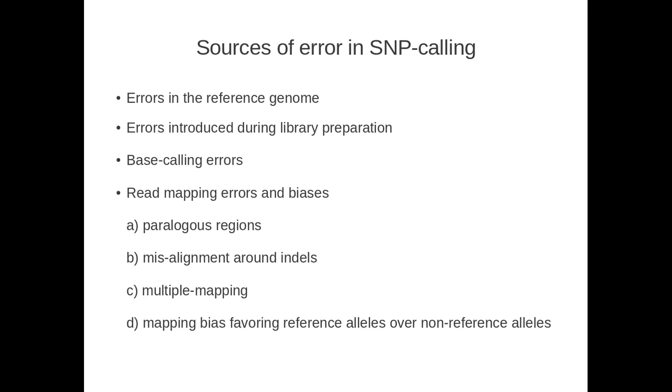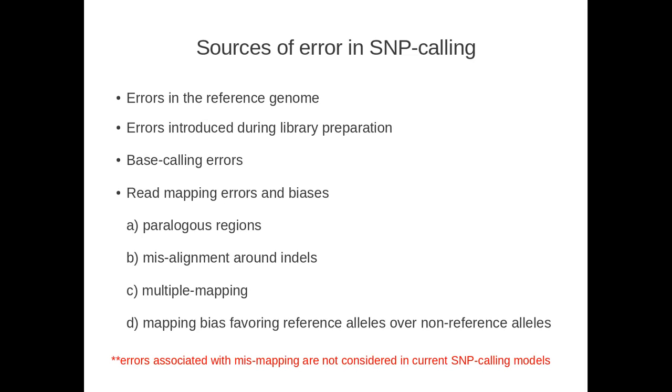The reason being that allele has the same exact sequence as the reference, whereas the non-reference allele has differences, one or more, could be several differences, and therefore is less likely to map to the reference simply because it may not match optimally at that locus and may match somewhere else because it's different. So that's another class of read mapping errors.